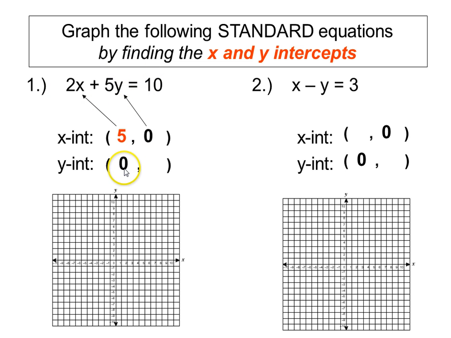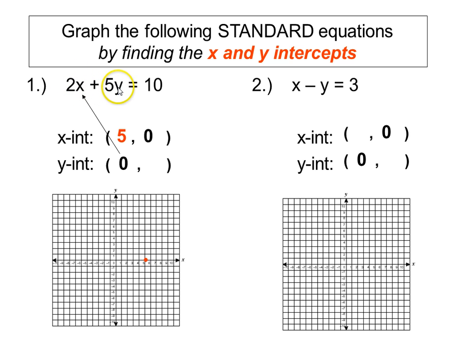And then if I want to find the y-intercept of that equation, I know that the x value has to be 0, because the y-intercept is along the y-axis, and no matter where I am on the y-axis, the x value is 0. So I'm going to plug in 0 for x once I plot my x-intercept there. Now 2 times 0 becomes 0, so this goes away.